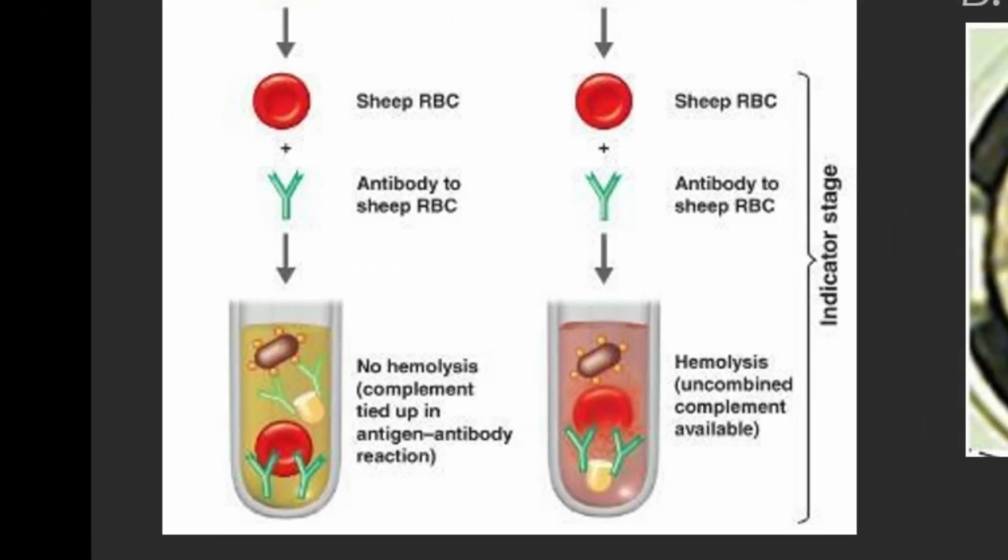On the other side of the diagram, we have the negative test, and when you add the sheep red blood cell and the antibody to sheep red blood cell together in the negative test, the complement, which has not been combined with any antibodies previously, will very quickly attach to the constant end of these new antibodies and lyse the sheep red blood cells, resulting in this hazy red color, which you can see both in the diagram and also on this side of the slide over here, right?